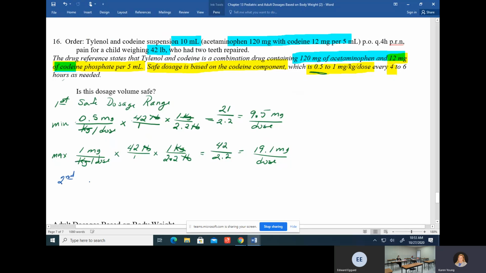Second thing I have to do is find the safe milliliters per dose range.